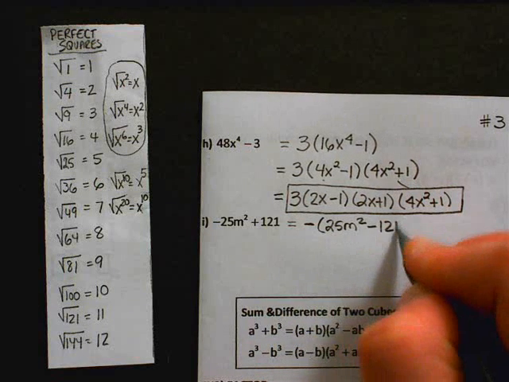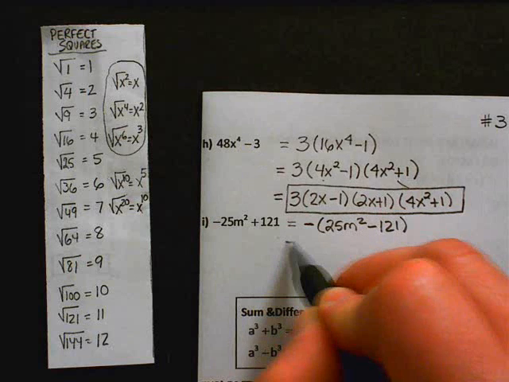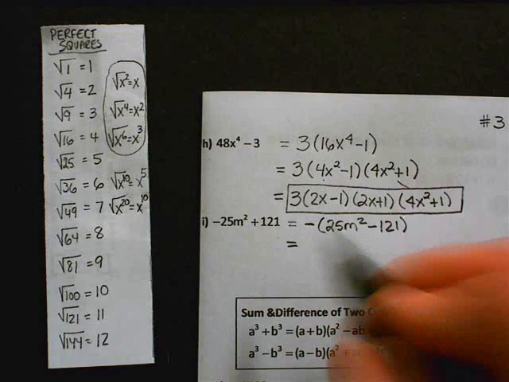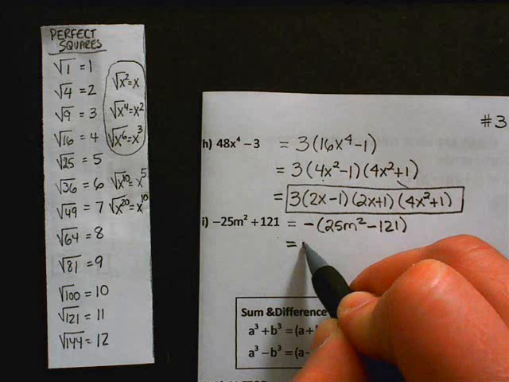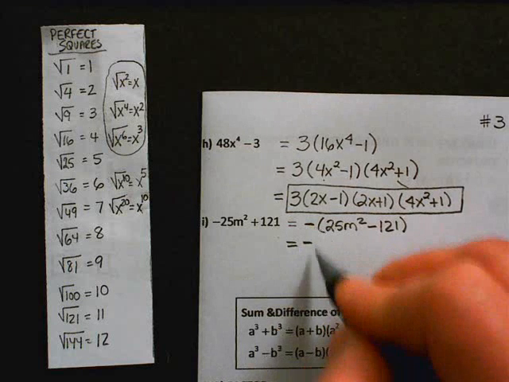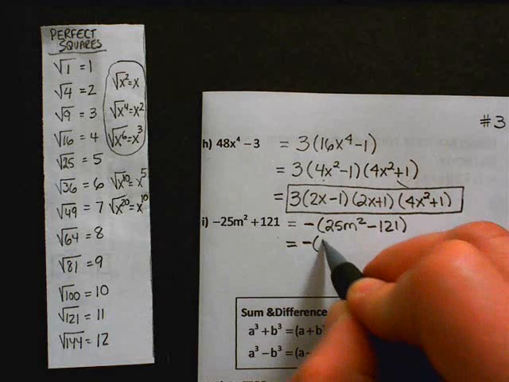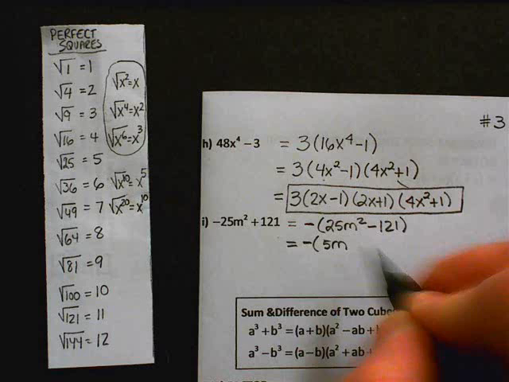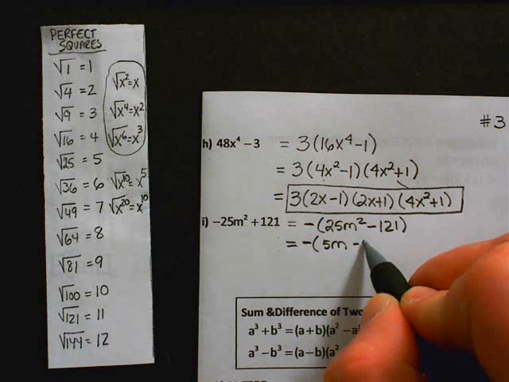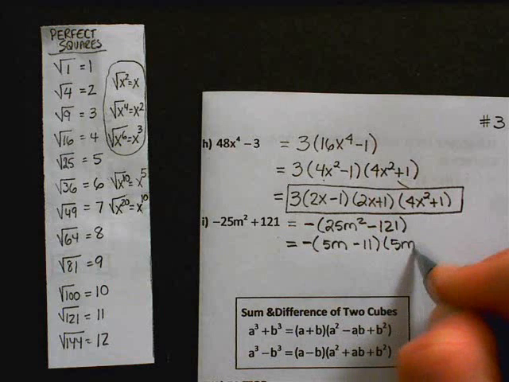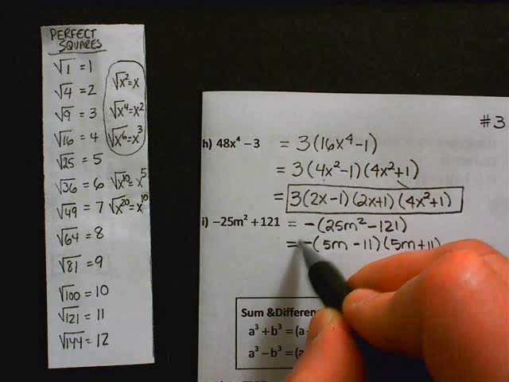So the negative is on the outside, and now inside the parentheses I have that special product, that special factor we have been working on. The square root of 25m squared is 5m. The square root of 121 is 11. And then you copy it again, 5m plus 11. And that's your answer.